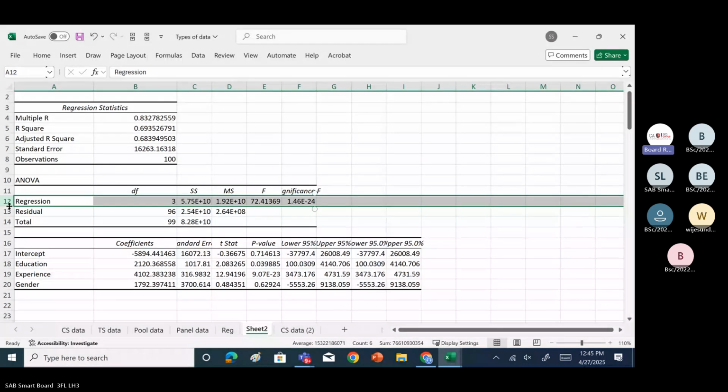Second one, H2, right? What is H2? There is a significant impact of experience on salary.